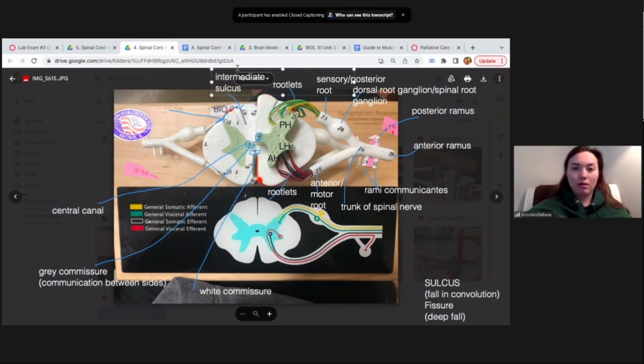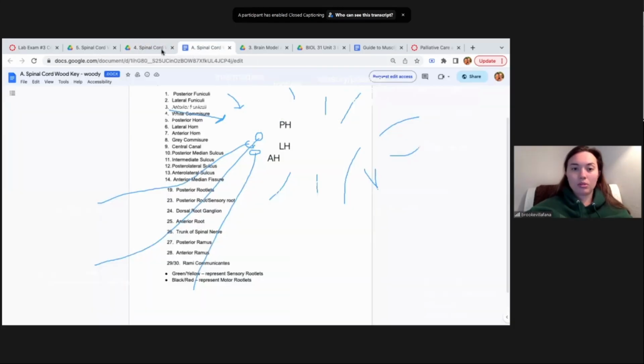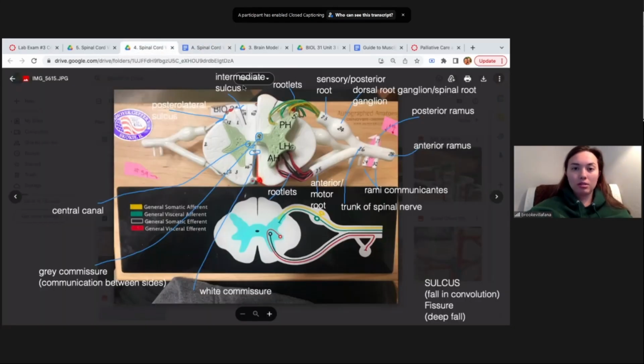So this little guy right here, how it's kind of like a little divot, posterolateral sulcus. Again, this would be posterior side and lateral. Number 10 is the posterior median sulcus. It's again the same type of thing. It's like a little tiny divot here.